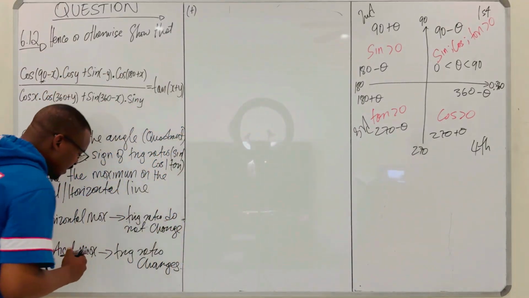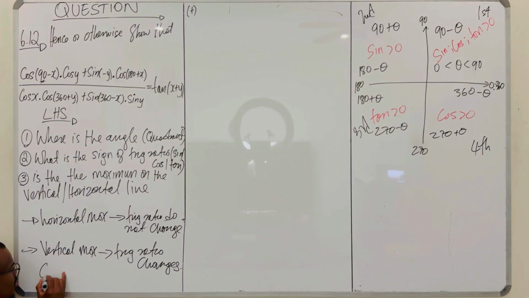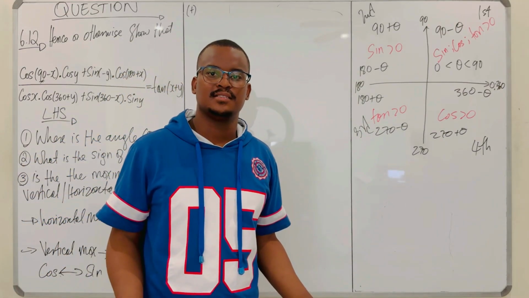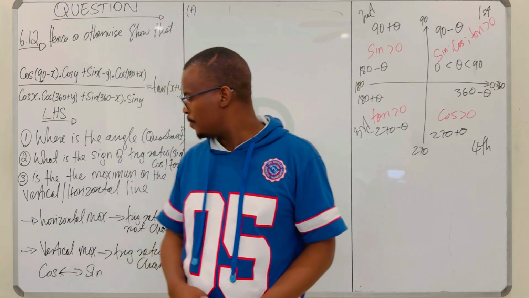For example, cos will change and become sine. If you have sine, it will change and become cos. So cos and sine are trigonometric co-identities. No problem.